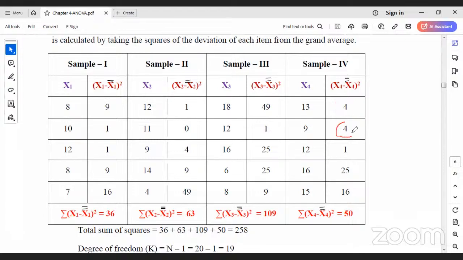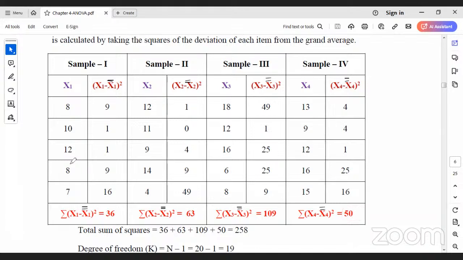Then 9 minus 11, 2. 2 square, 4. 12 minus 11, 1. 1 square, 1. 16 minus 11, that is 5. 5 square, 25. 15 minus 11, 4. 4 square, 16. Okay, this is the total.